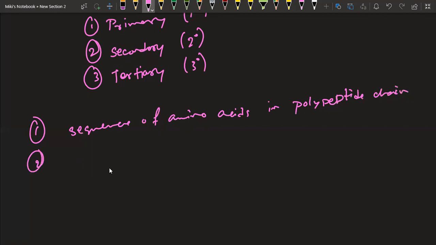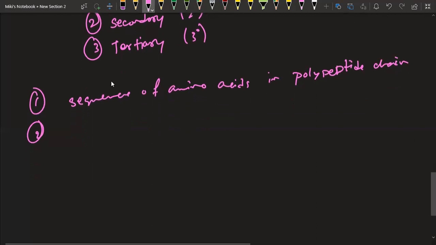What is the secondary structure of protein then? This is a regular structural arrangement of the polypeptide chain that results from hydrogen bonding between the CO and the NH group in the peptide bond region of the chain. Now, what does that mean? Let me say the definition again.